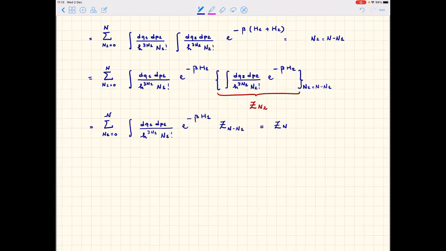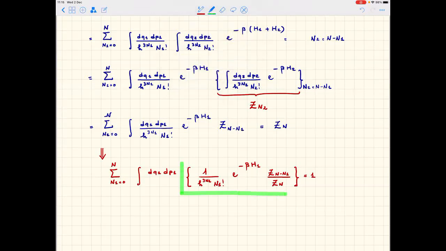If I divide both sides by Z_N, it implies that the sum over N1 from 0 to N of the integral dq1 dp1 over h to the 3N1 N1 factorial e to the minus beta H1 times Z of (N minus N1), divided by Z of N, is equal to 1. But now, notice the following.